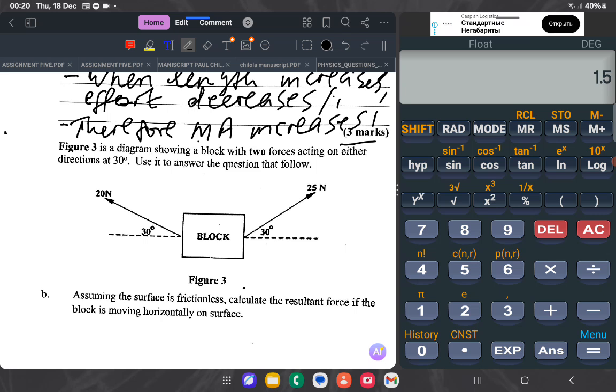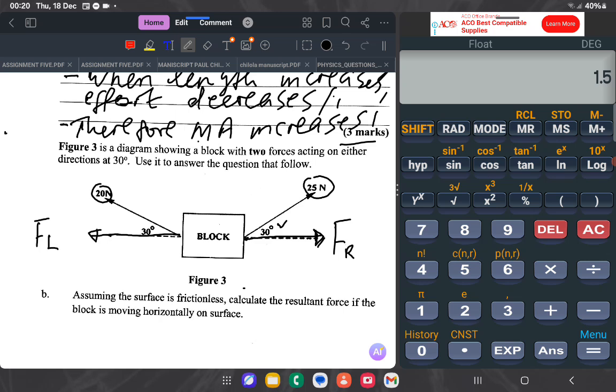We have this force here, 25, acting at an angle of 30. So we need to find the horizontal force to the right. And there's another force acting in the opposite direction. Let's call the horizontal component of this force to the left.